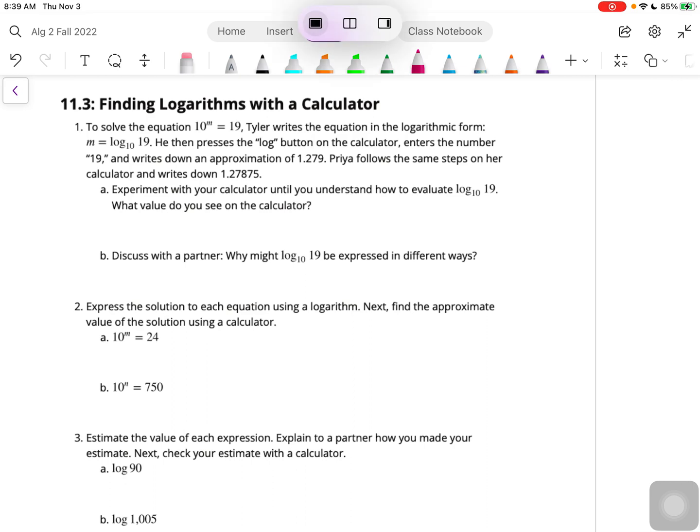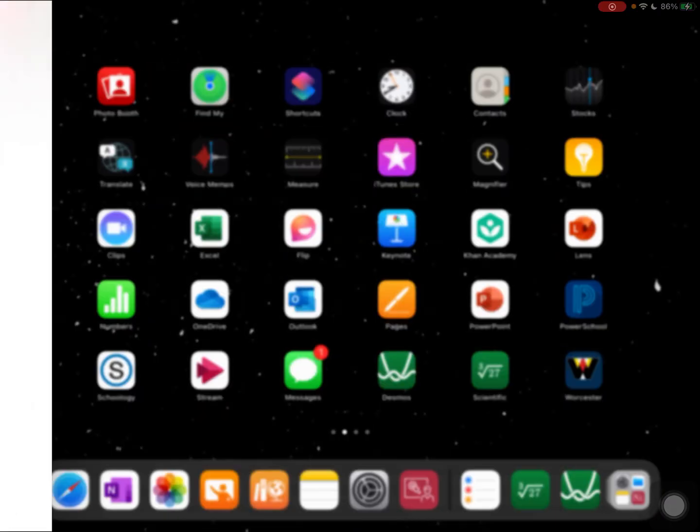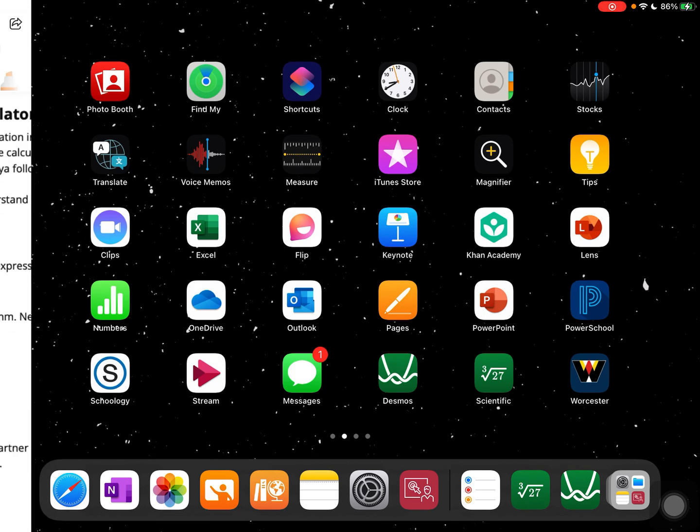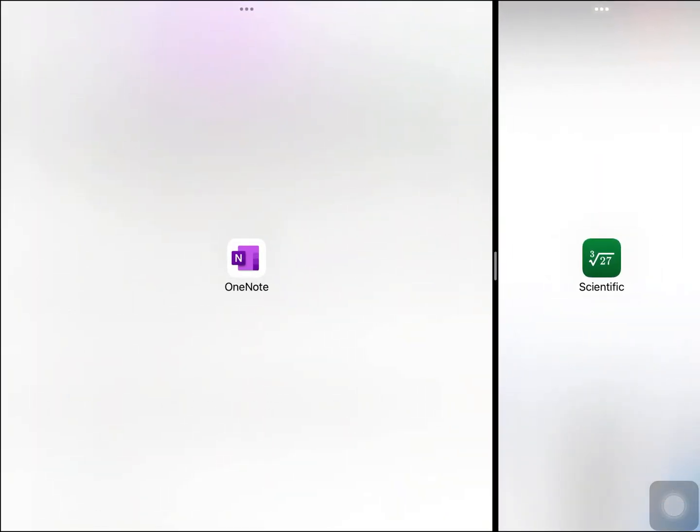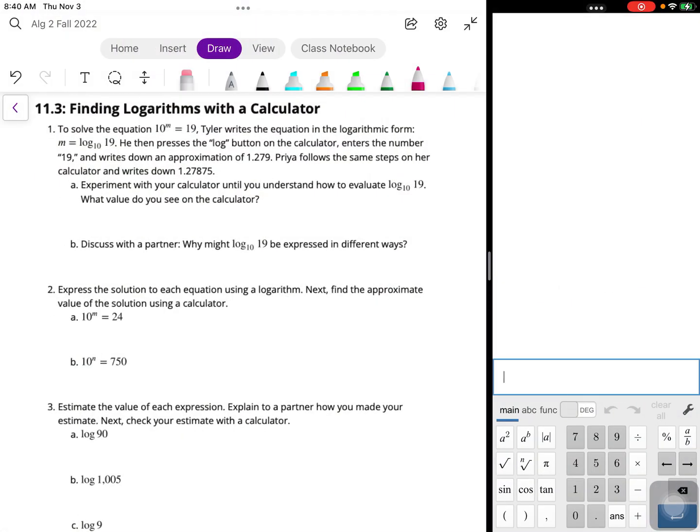So let's break out our calculator. I'm going to use my Desmos scientific calculator. We can also do this with our TI-84s or 83s, and we'll look at that in class as well.